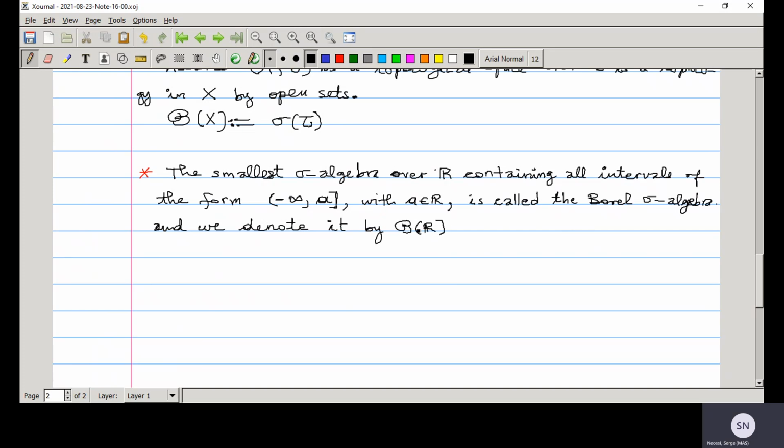Then we know it's the Borel sigma algebra on R. Because you also have the Borel sigma algebra on Rn, or on any other set, provided you have a topological space there.